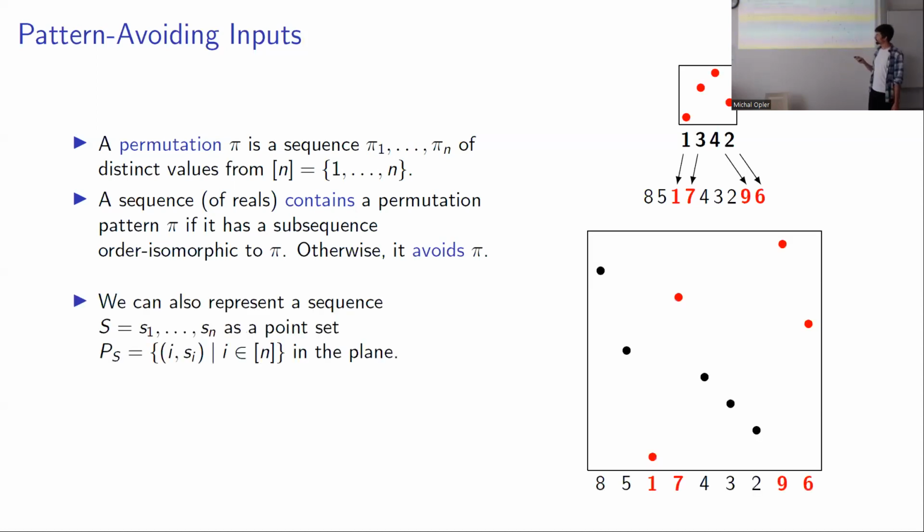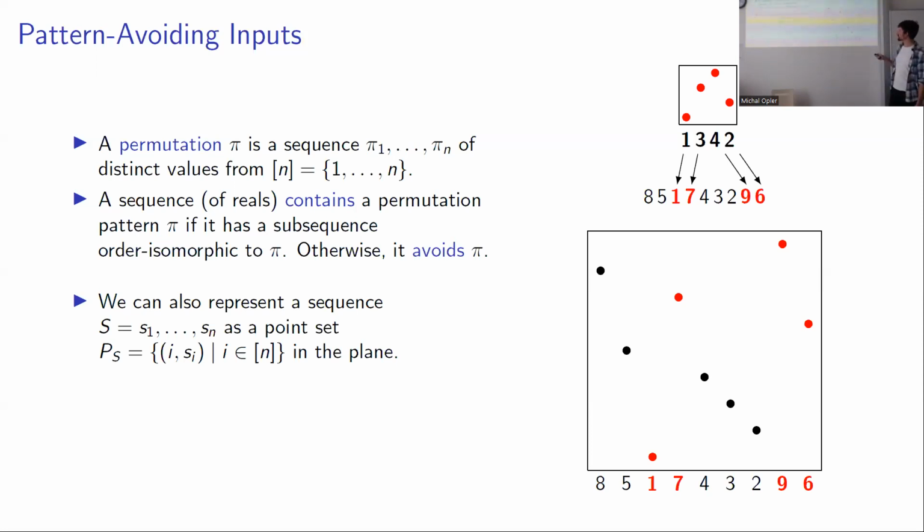Moreover, this extends to point sets. For any sequence, we can represent it in the plane by plotting it, using i as the x value and the ith value of the sequence as the y coordinate. That would be 8, 5, 1, 7, 4, 3, 2, 9, 6. Again, in this visualization, the containment of the pattern 1, 3, 4, 2 can be seen by these 4 dots having the same relative shape, stretched out, but the same.